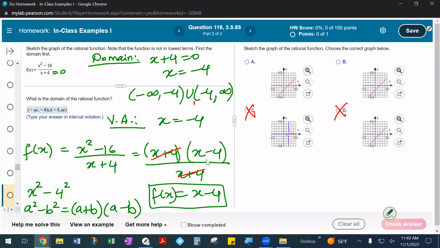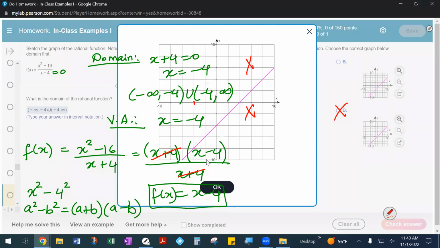So the only one that we are then left with is going to be graph B. You can see that was my mark for -4, and I have an open circle right where -4 should be on that graph, because x minus 4 does come out to be a linear function, right? It's just a slope of 1 with the y-intercept at -4, just like your y equals mx plus b format.